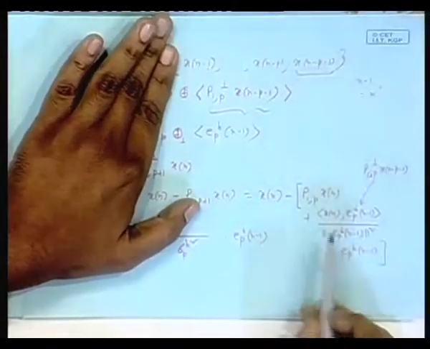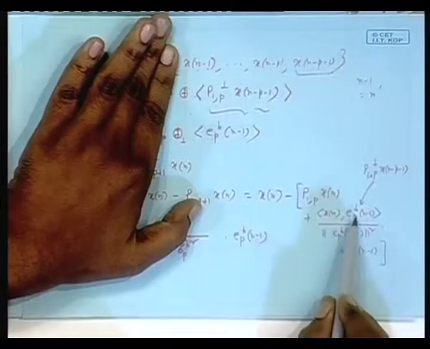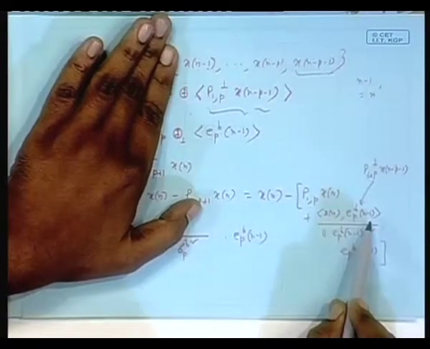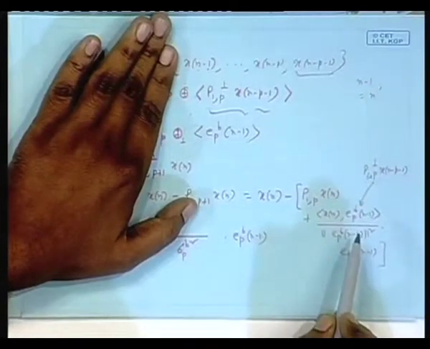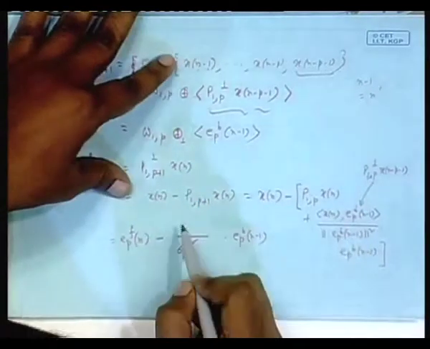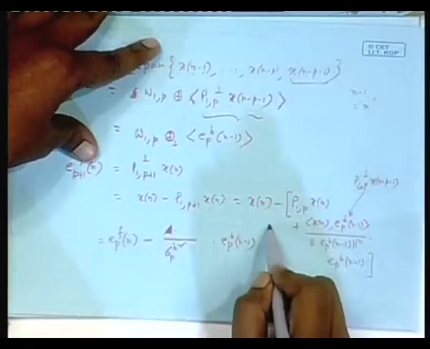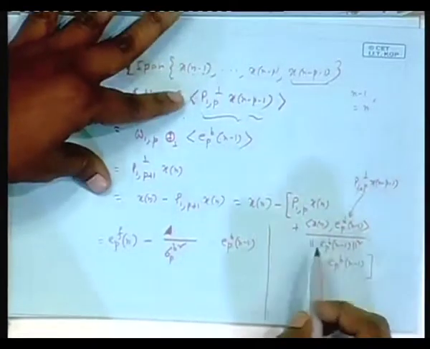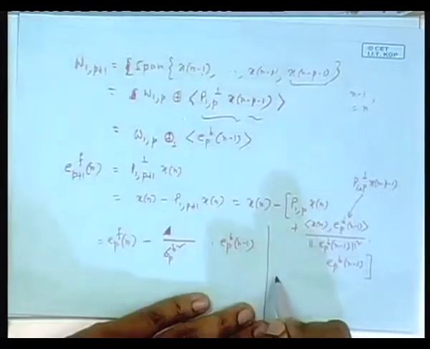So inner product between pth order forward projection error of nth index and pth order backward projection error of n minus 1th index, and inner product means correlation. And this inner product I will define as, again this inner product. Okay. So that will turn out to be this quantity.